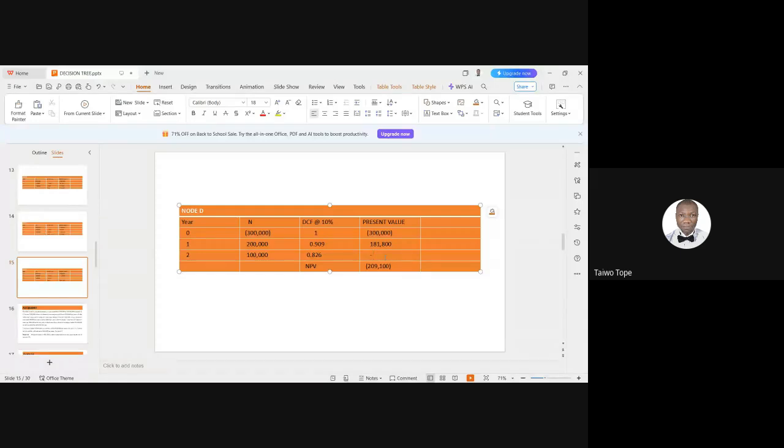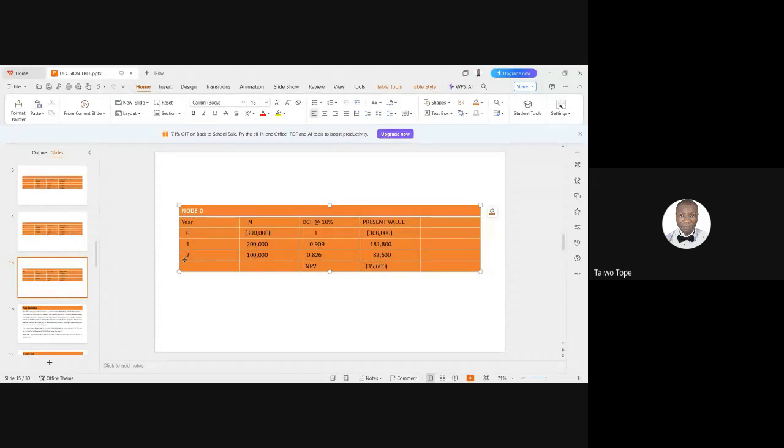And for this, you have 100 multiplied by 0.829. So the result will be negative 35,600. This is the NPV for node D.